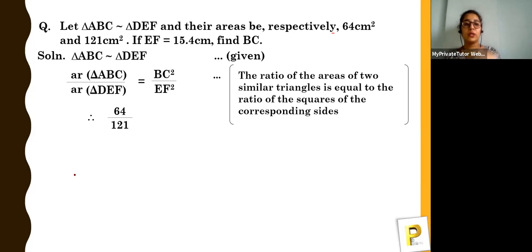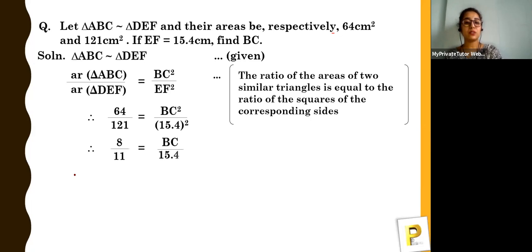In place of area of triangle ABC we'll put 64, and in place of area of triangle DEF we'll put 121. In the place of BC it will be nothing because we don't have the value, and in place of EF it will be 15.4 the whole square. So 64 by 121 is equal to BC by 15.4 the whole square.